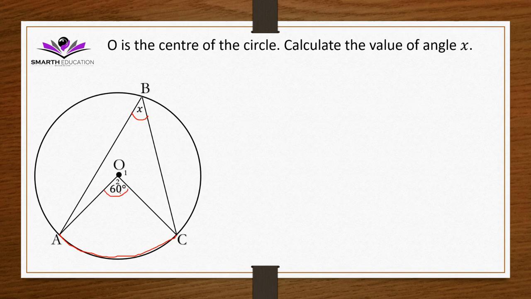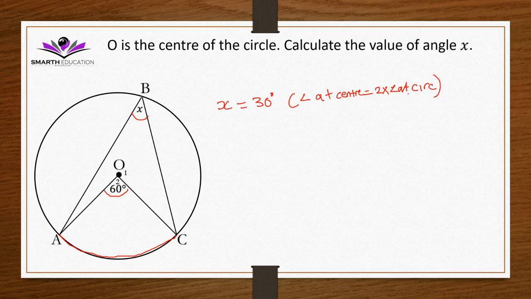So it means x is half of O2. So therefore, x is equal to 30 degrees. Don't forget to write the reason. So it's angle at center equals 2 times angle at circumference.